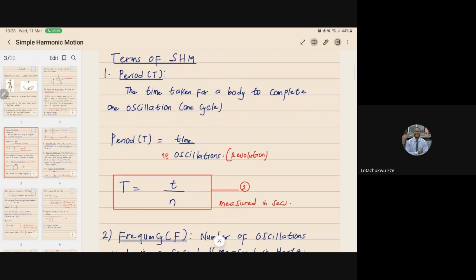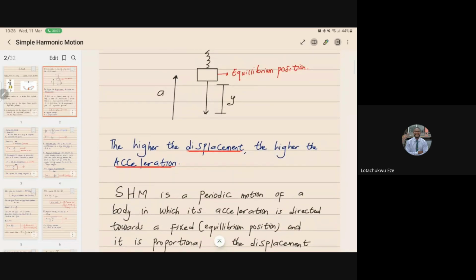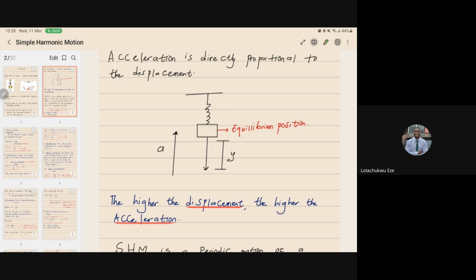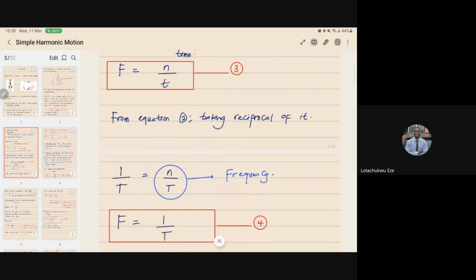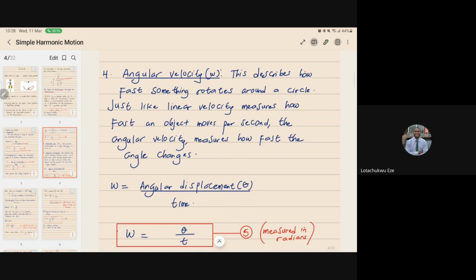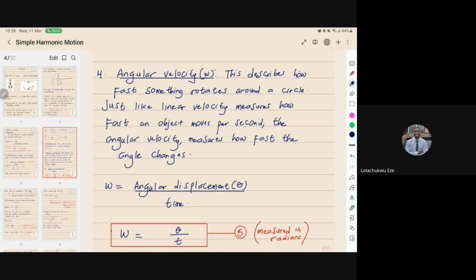And based on this diagram, I told us that the maximum displacement is going to be that point where you stretch it down to, and that's your amplitude.